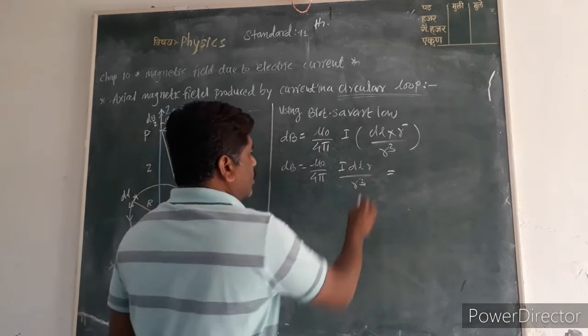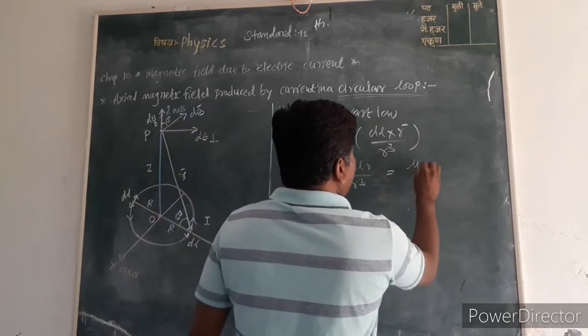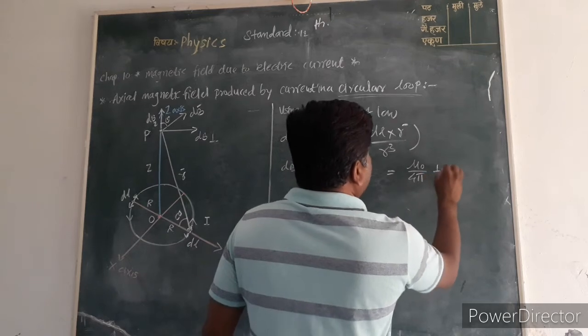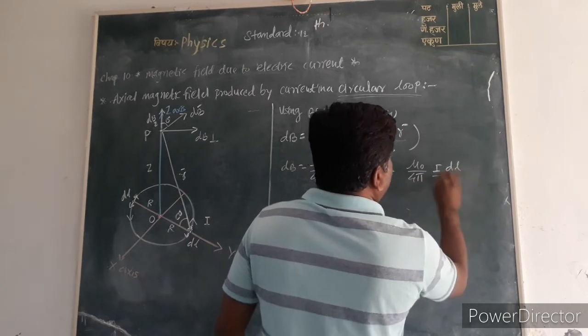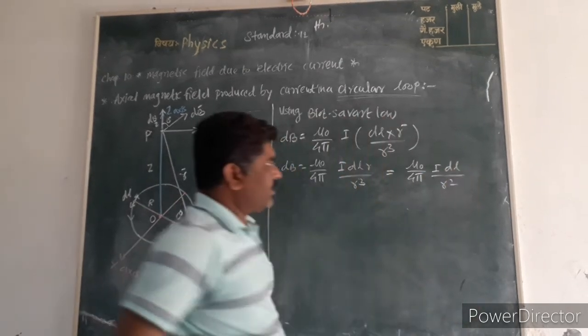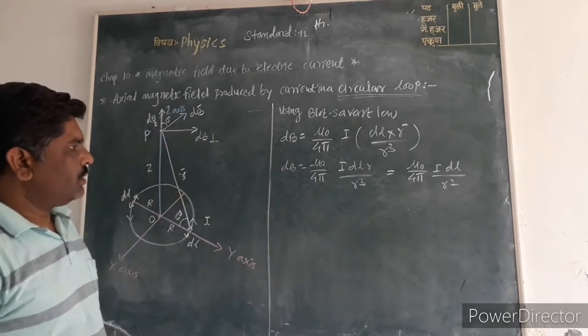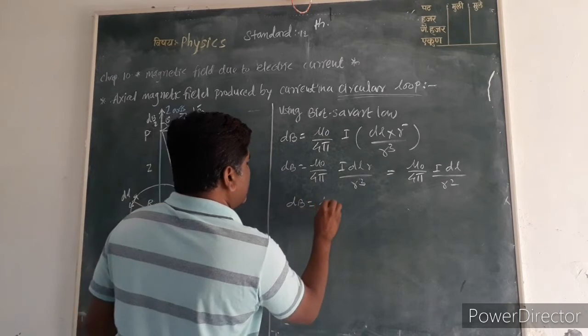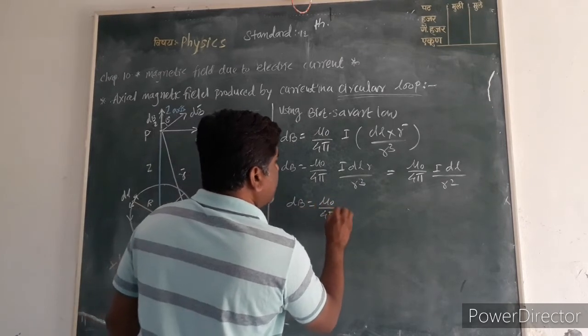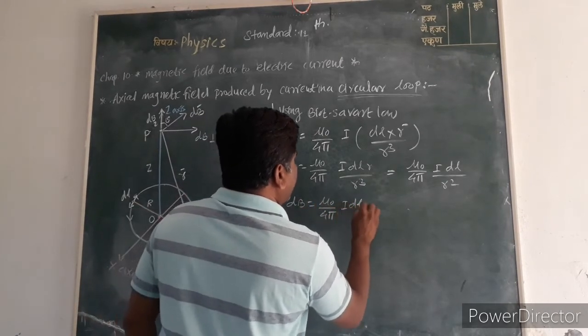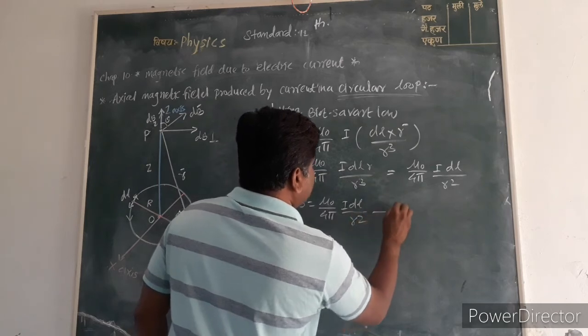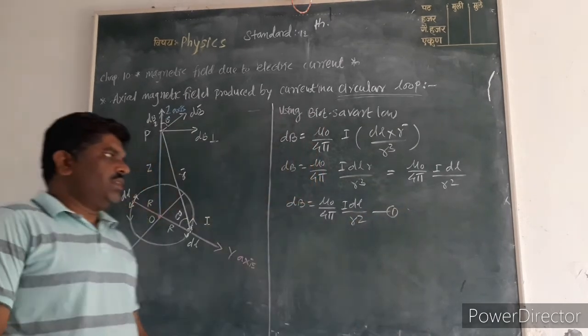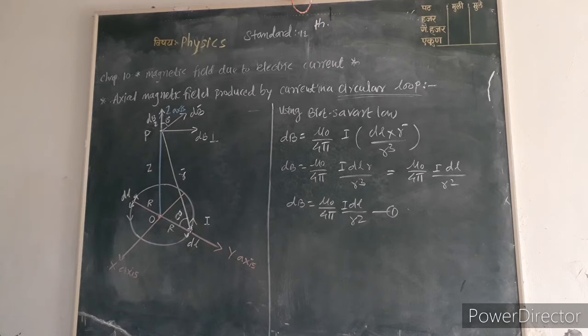This is equal to mu 0 upon 4 pi, I dl divided by r squared. So equation number 1 is the Biot-Savart law.